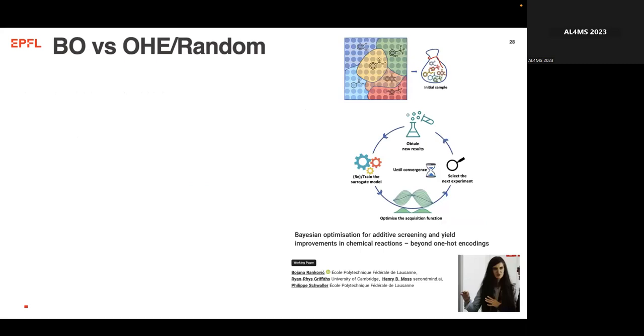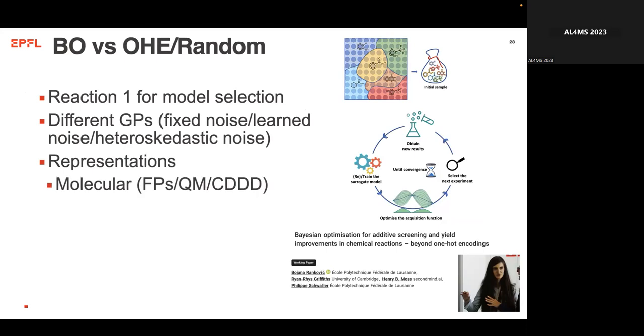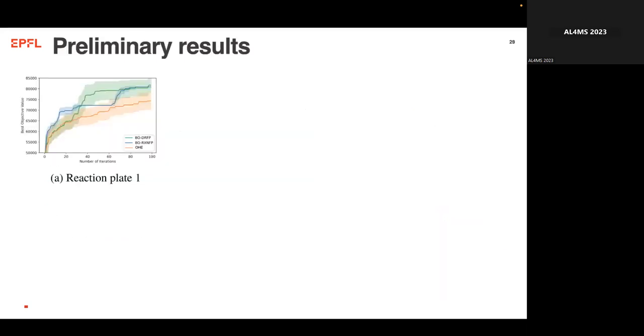So we set up this experiment, Bayesian optimization versus random, and Bojana went through several different GPs, representations from molecular fingerprints, QM descriptors, learned molecular fingerprints, the reaction fingerprints I was just presenting, and different initializations. In the end, she did the model selection on plate 1, and we had 3 other reactions to basically validate what we had observed.